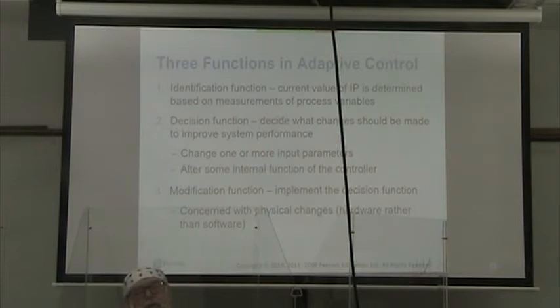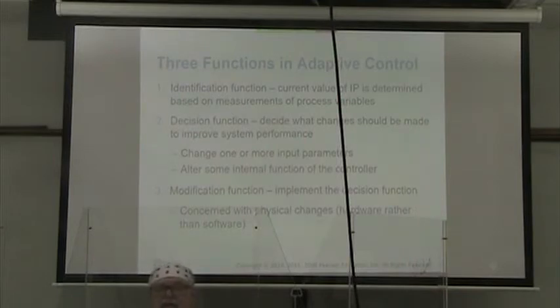All right, so in adaptive control, we have three different functions. We have an identification function. So our current index of performance is determined based on the measurements of the process variables. We have a decision function that can decide what changes should be made to improve the system performance.